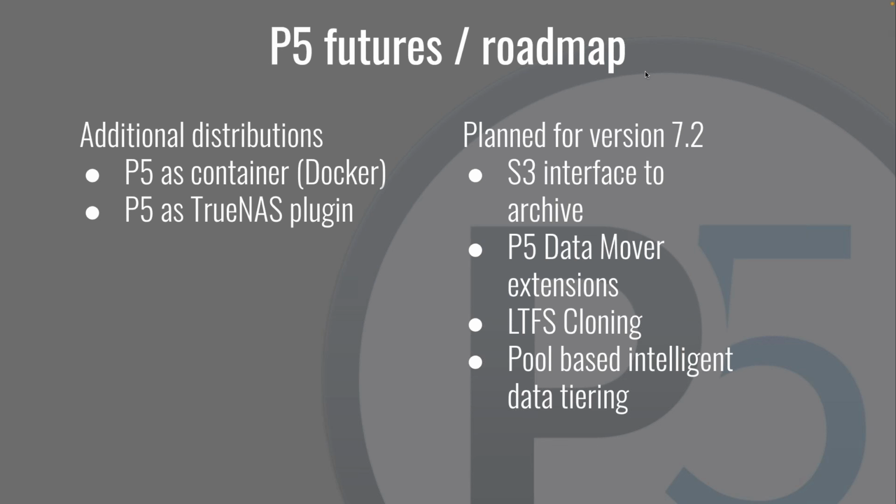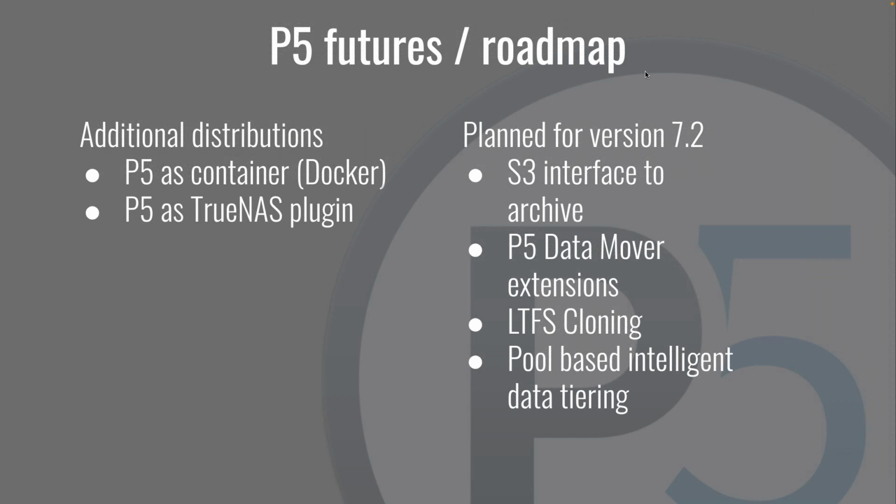The 7.1 release is all about flexibility of choices around archive storage. In 7.2, we've got something really interesting, which is a new way of interfacing with P5 Archive, insofar as we will provide an S3 server, an S3 endpoint, just like you might connect software to an AWS S3 bucket or a Backblaze bucket.